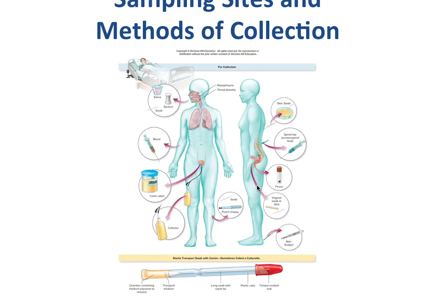As we can see in this diagram, these are the specimens that we will collect in the clinic. For example, if you suspect the patient has a urinary tract infection, you should take the urine, and not the blood.